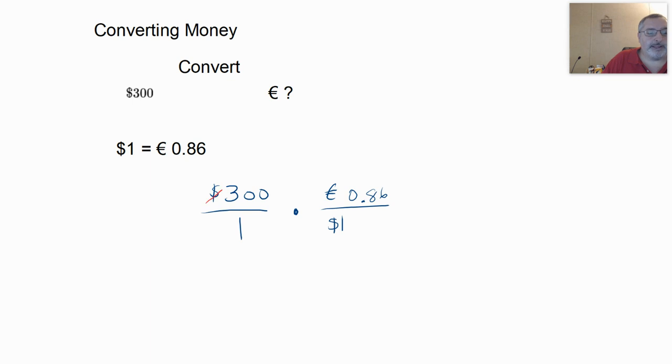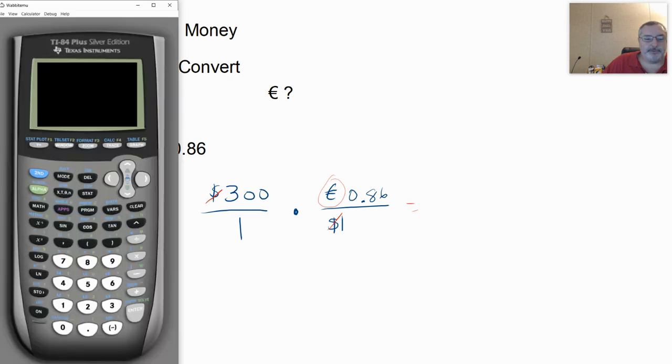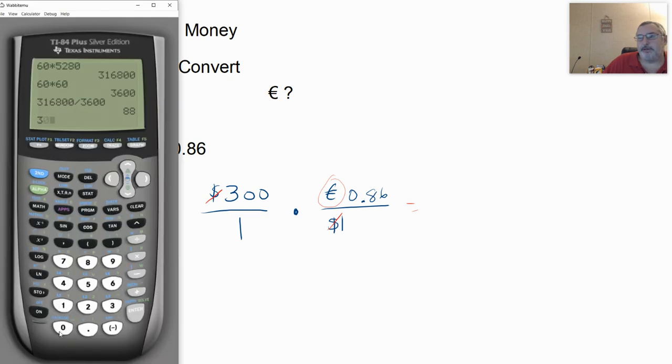The dollars are going to cancel, leaving us the euro. So now this one's a simple problem because now all I have to do is get my calculator out and do 300 times 0.86. So that's what I'm going to do. 300 times 0.86. And that gives me 258 euros.